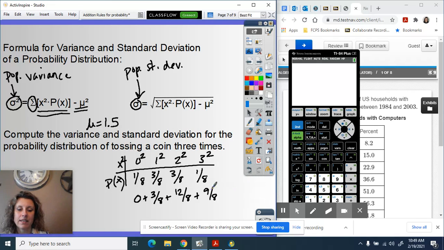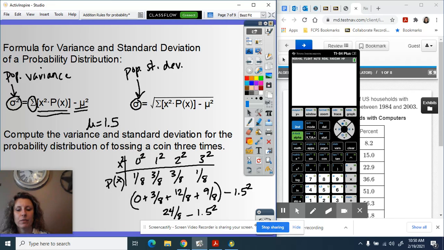So after I add these together, I'm going to subtract off 1.5 squared. Okay, let's do that math. So if we add these together, I'm getting 24/8, right? 24/8, and I'm going to subtract off 1.5 squared. Now, 24/8 is just 3.